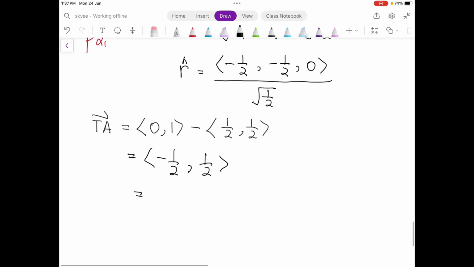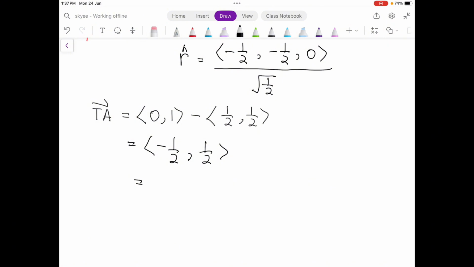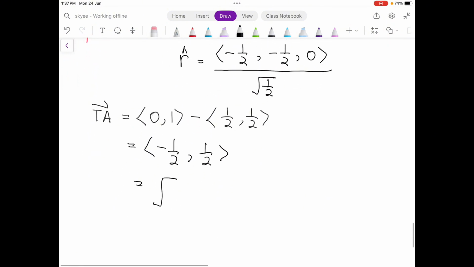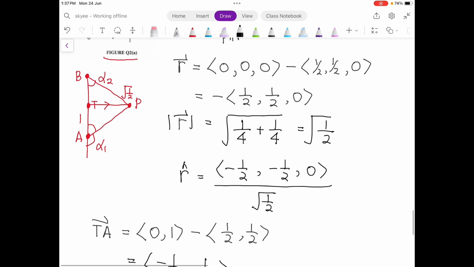So the length is the same as this one, square root of 1 over 2. And this one is also square root of 1 over 2 if you calculate it. It's the same thing.